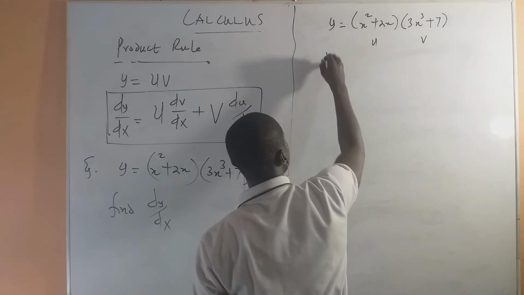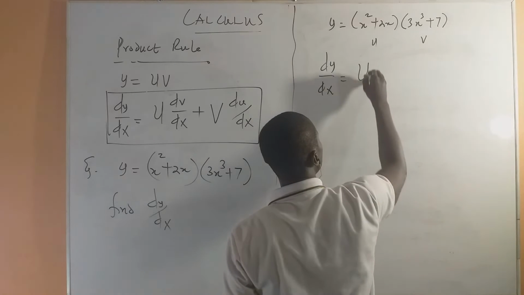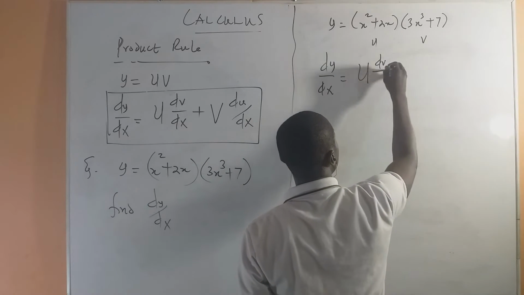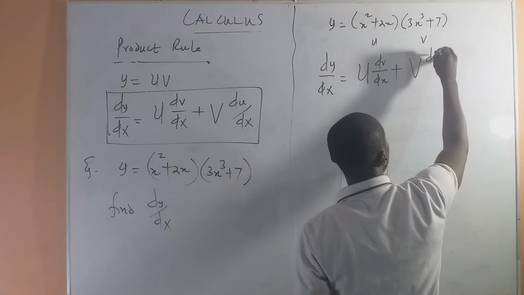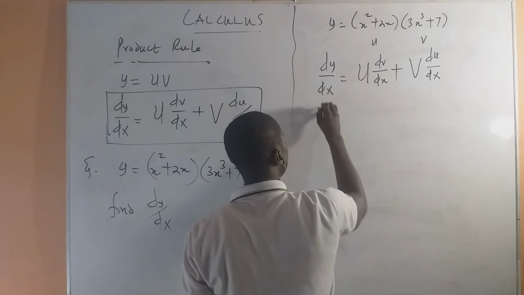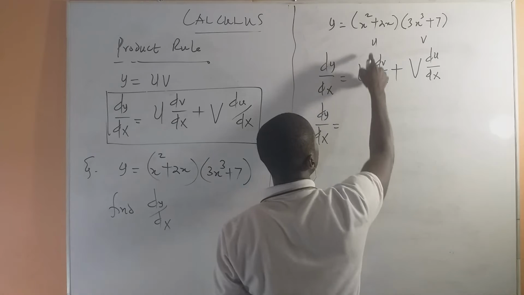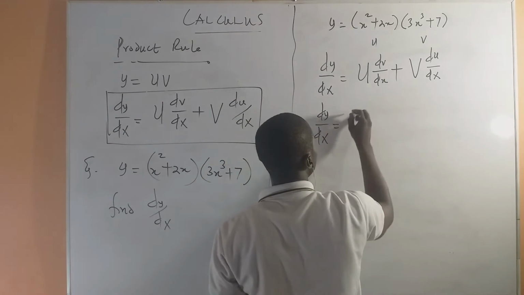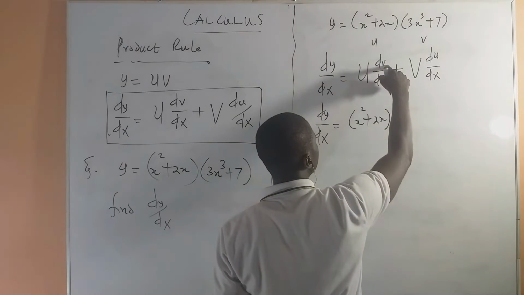Now from the product rule, we have dy dx. You hold u constant, then you differentiate v with respect to x, then you hold v constant and differentiate u with respect to x. And so our dy dx here will be equal to u, the function x squared plus 2x, hold it constant, but differentiate v.